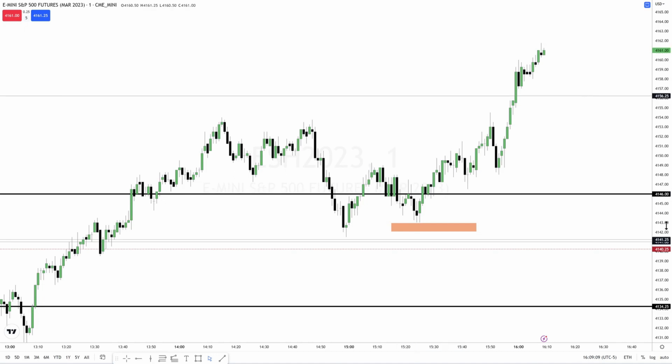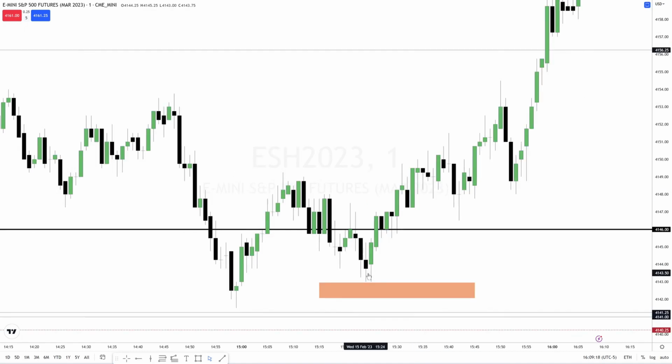What do I mean by that? Three down close candles, that opening price right there. That candle's opening price, you're going to look at this value right here, okay? Look up here in the upper left-hand corner where I'm pointing. That's the open. That price is 4145.75.